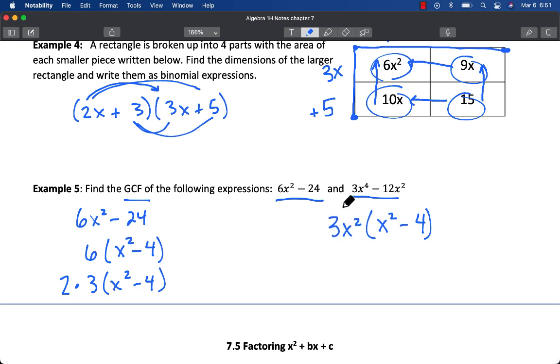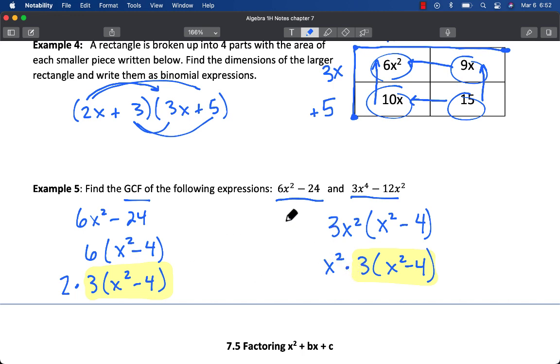Now, this monomial here, 3x squared, actually, I can rearrange that to be x squared times 3 times x squared minus 4. And now you can start to see where our greatest common factor is here. It is this 3 times the x squared minus 4. Now, there are two factors there, but they're common in both of those polynomials.